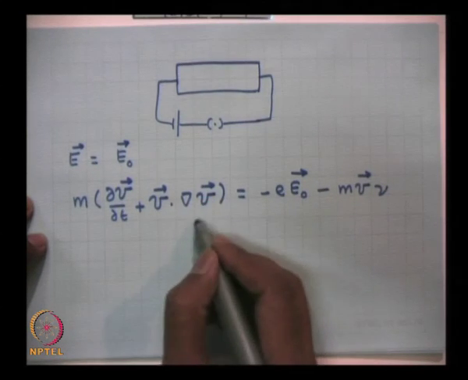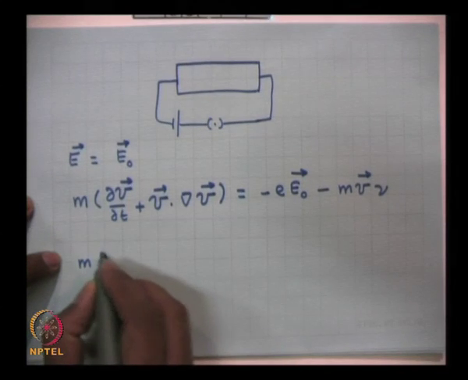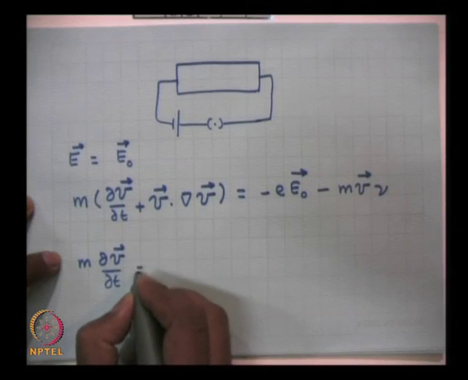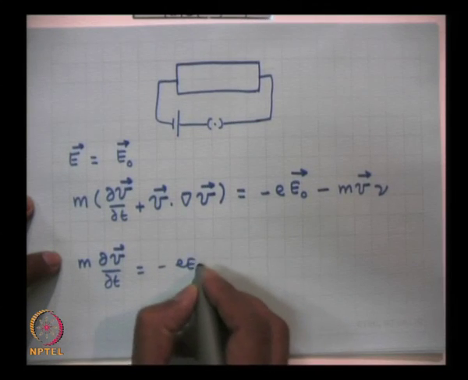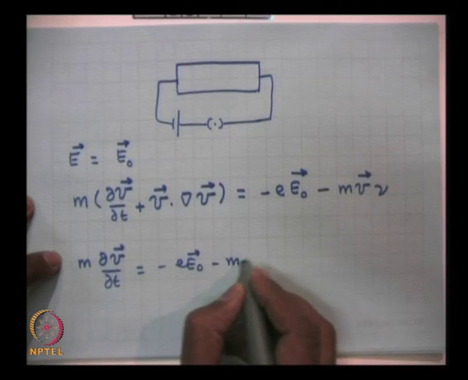So, gradient of this term will be 0. So, my equation then becomes m ∂v/∂t is equal to minus eE0 minus m nu v.